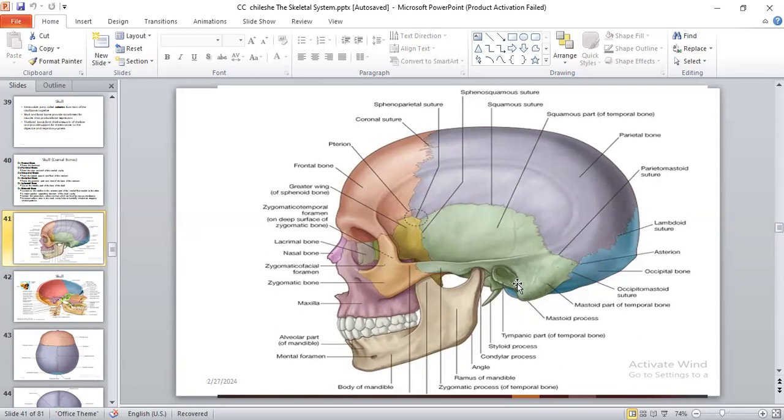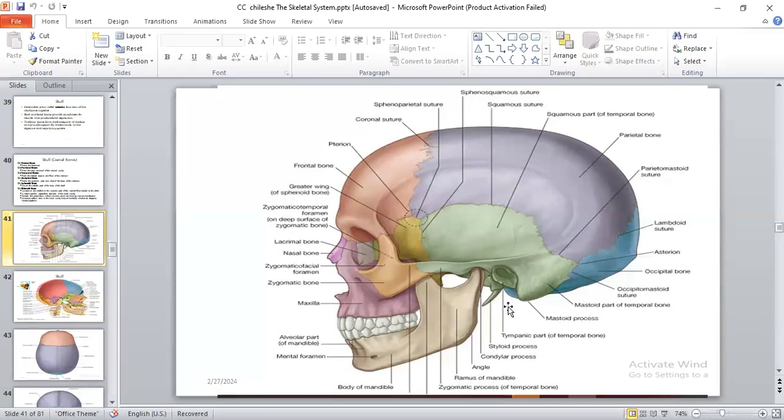Then it has this projection here, the portion of the bone that you can feel when you touch behind your ear. This is known as the mastoid process. And then we have this small projection which is inside. You cannot feel it from the outside.